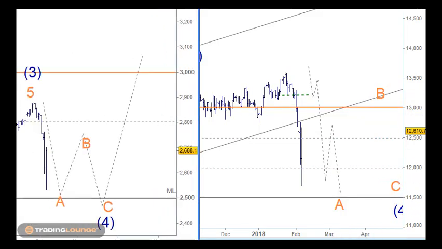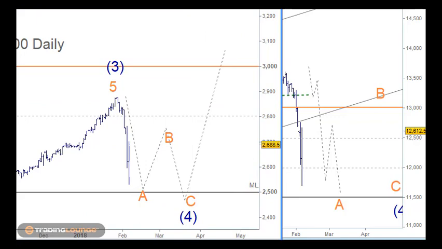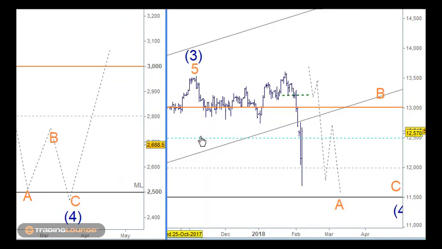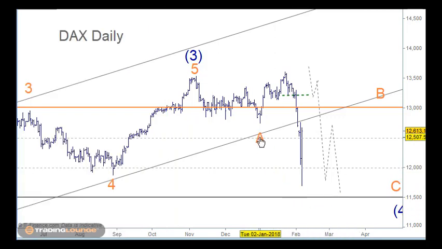Then that would match up with the S&P 500 pretty much finishing at the same time, because it's kind of unusual to see the European markets lead in the way that they've finished wave 3 early up through here. So I just wanted to mention that, something we'll look at a little bit further, but in the meantime we'll put this back together here.